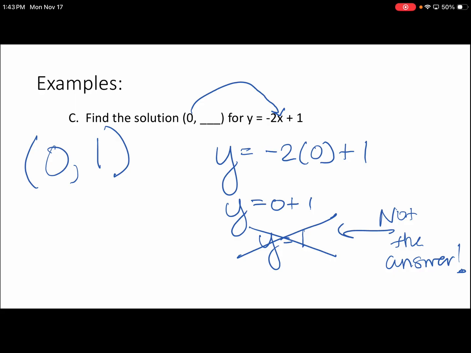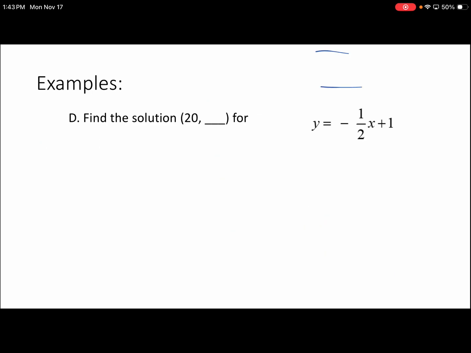You try D right now. This is literally like doing one row of the table. So again, not learning anything new today, just kind of looking at different ways to analyze it.